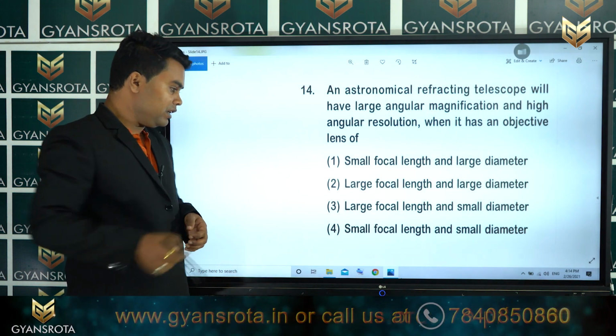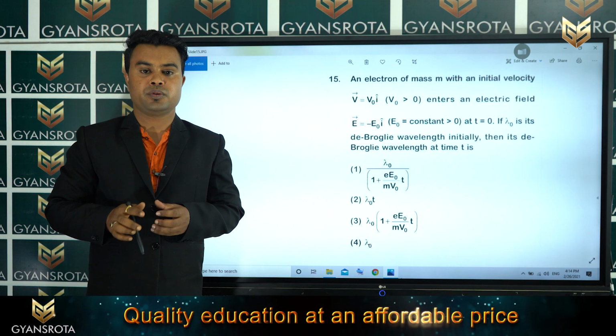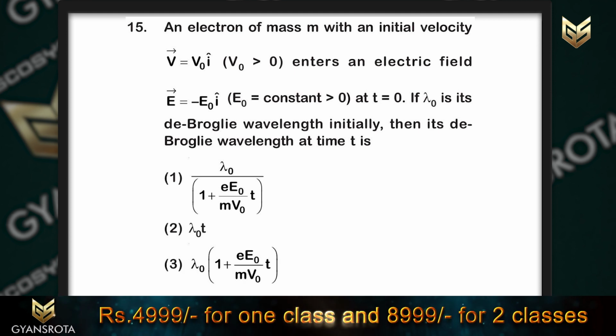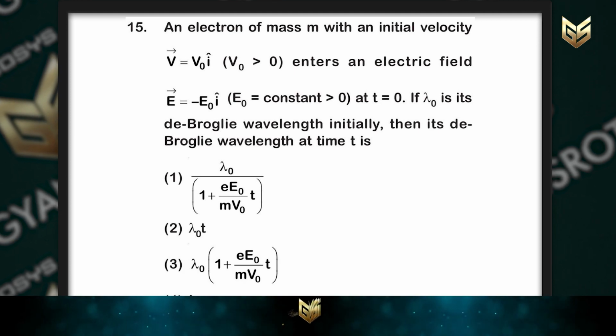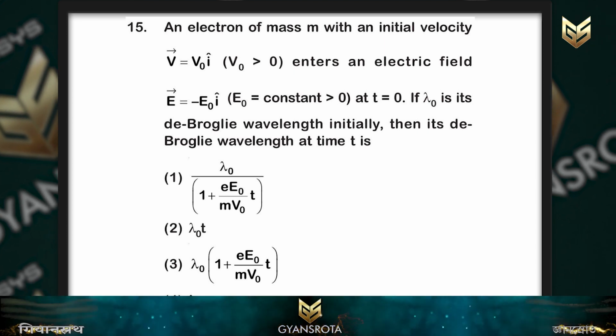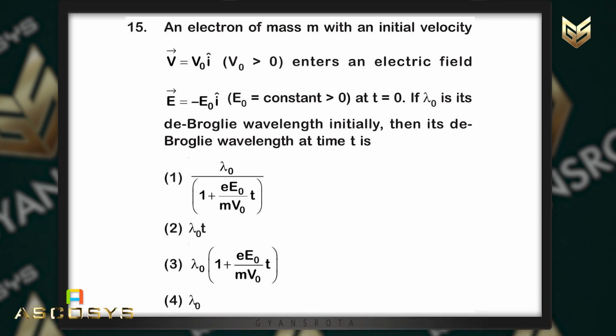Now let us move to the next question, which is question number 15. Question number 15 says that an electron of mass m with an initial velocity v equals to v naught i, where v naught is greater than 0, enters an electric field E equals to minus E naught i, E naught equals to constant which is greater than 0 at t equals to 0.